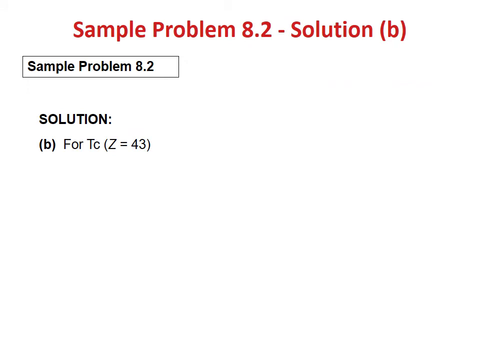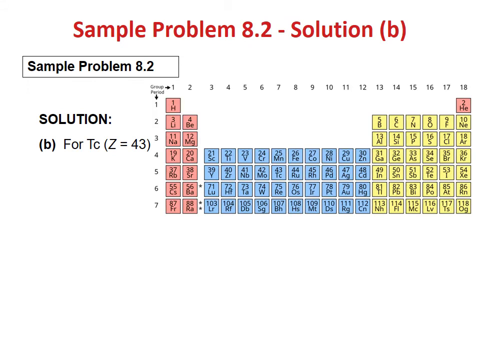Let's look at B, technetium. So again, in this periodic table, we find technetium right here, atomic number 43. So the electron configuration, 1s2, 2s2, 2p6, 3s2, 3p6, so 4s2 from potassium to calcium, and then 3d10, all right, and then here is 4p6, and then start to fill the fifth row.